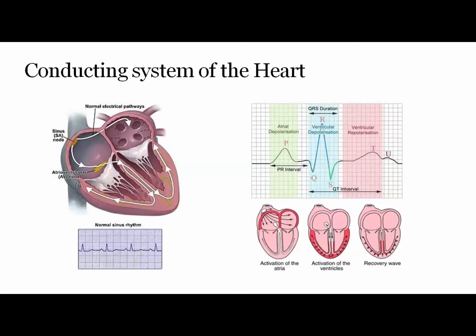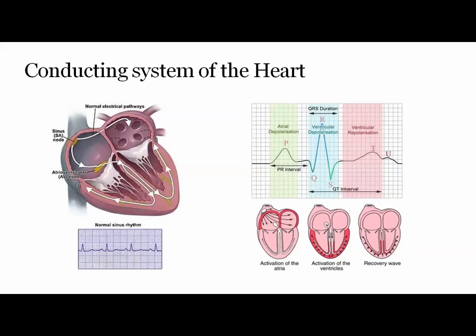The basics of the conduction system: the SA node, the AV node, and the pathways through which the electrical impulse transfers. The impulse is generated at the SA node, transmits to the AV node via the atria, and from there through the bundle of His and Purkinje fibers to the ventricles.